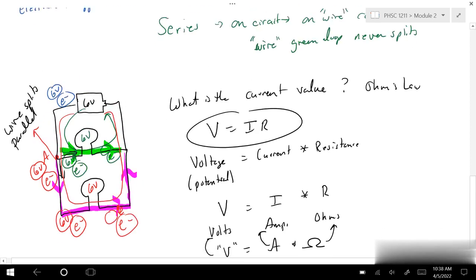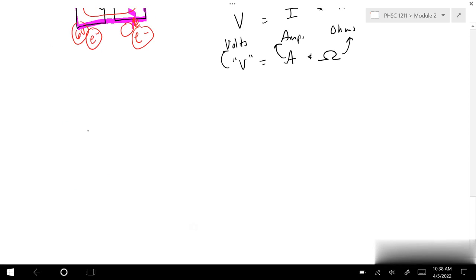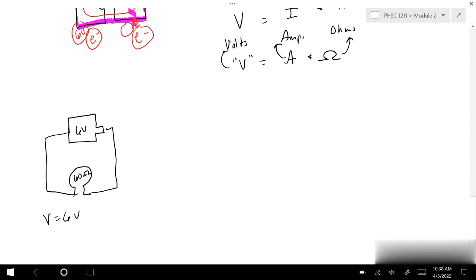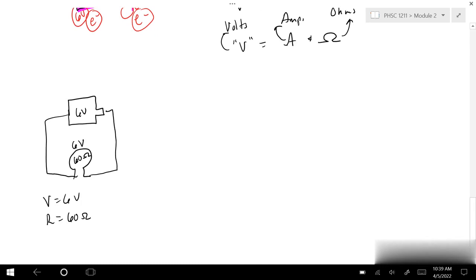So here is our circuit. V is equal to I times R. So let me just redraw the circuit. 6 volts, and let's say that we have a 60 ohm light bulb. Okay? And I want to find current. So I have V is equal to 6 volts. My R is equal to 60 ohms.